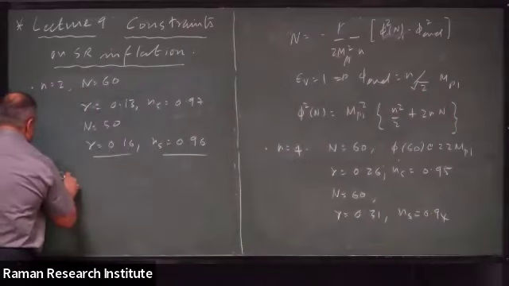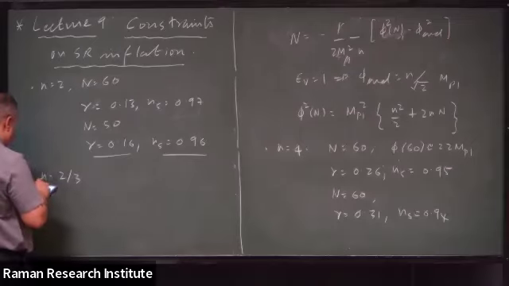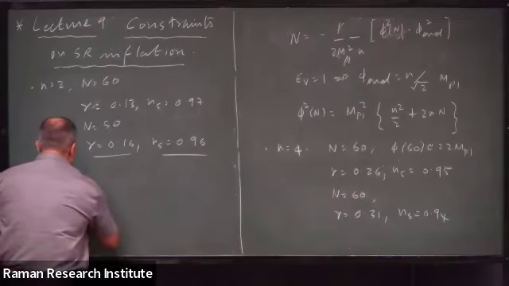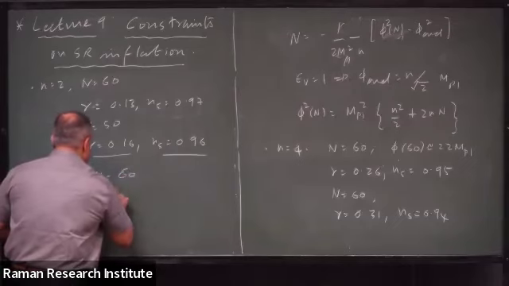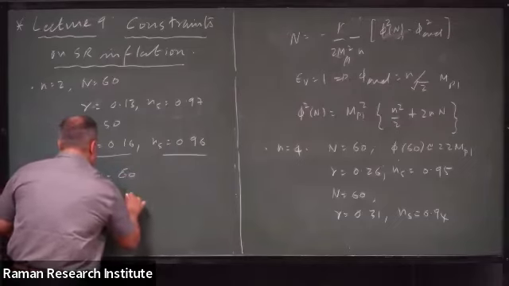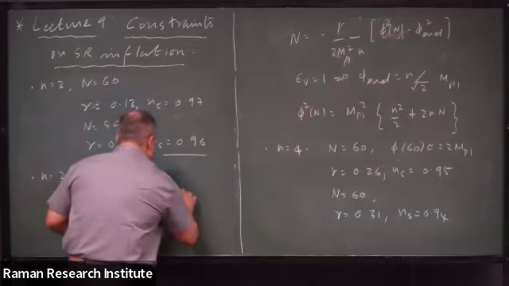But what is interesting is the following. If you consider n equal to 2 by 3, an index less than 1, what you find is that for N equal to 60, R is 0.044 and NS is 0.98.